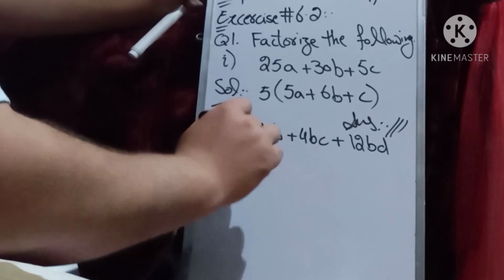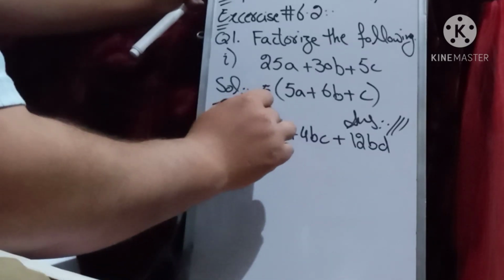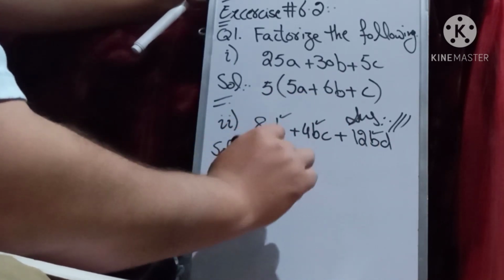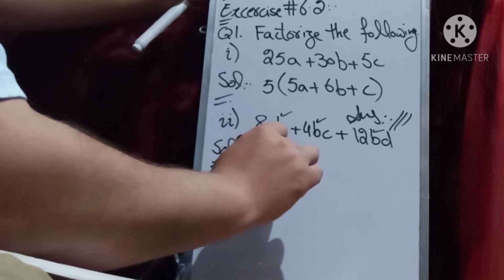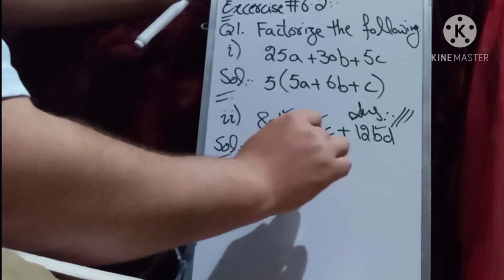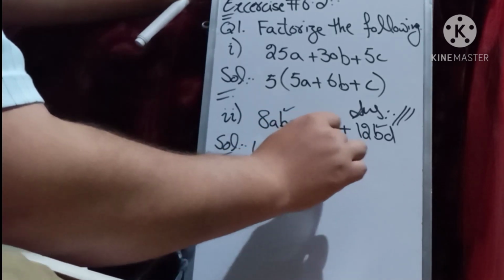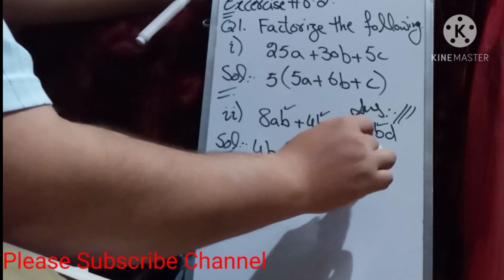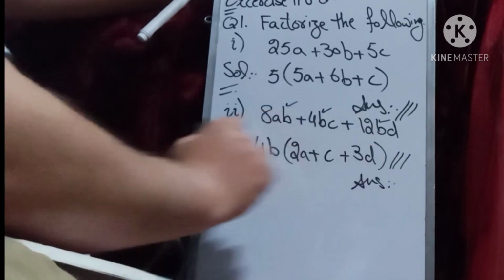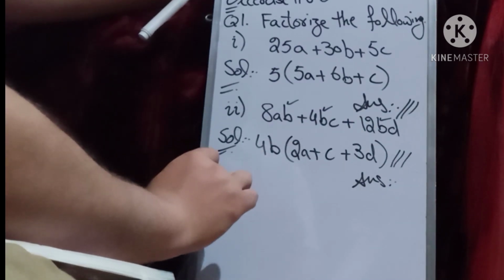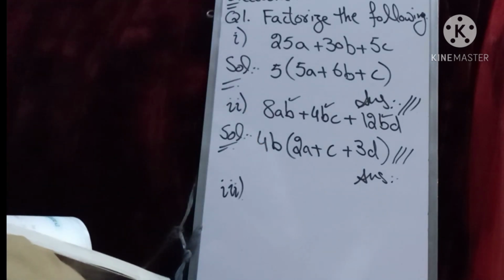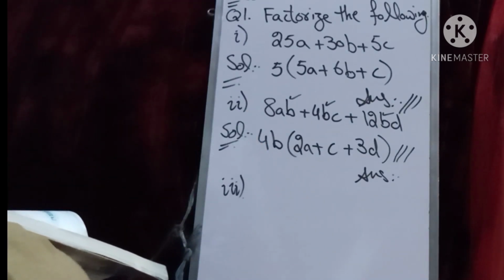So this is 4b. When we take 4b as common, we have 2a plus c plus 3d. When you multiply 4b into this polynomial in the bracket, you will get the same answer, that is 8ab plus 4bc plus 12bd.